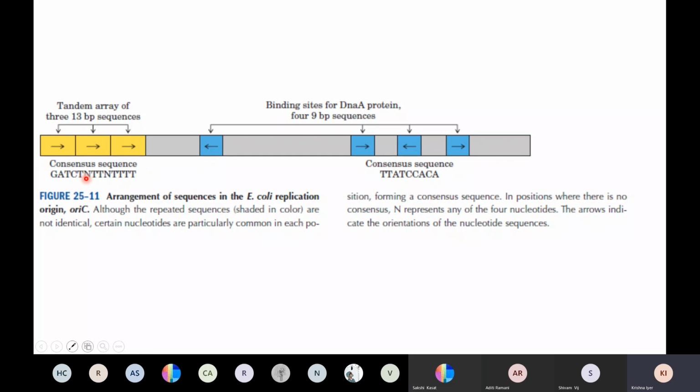The philosophy is that if it is richer in AT, there will be fewer hydrogen bonds holding that region. So that region is more easily separable by an enzyme relative to a sequence which has more GCs, which has more hydrogen bonds. So maybe the thought is that these are sites where replication can begin more easily, because the enzymes are able to sit here and open up the sequence with a little less effort.